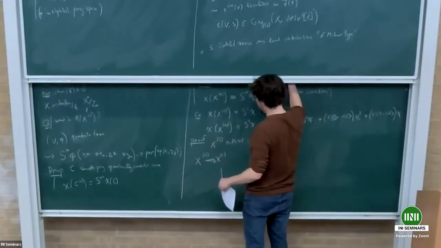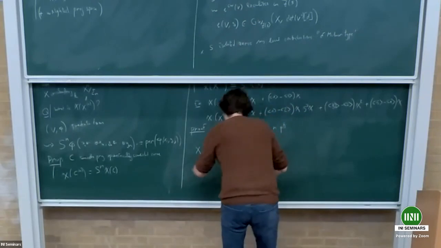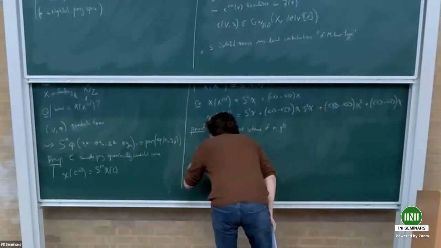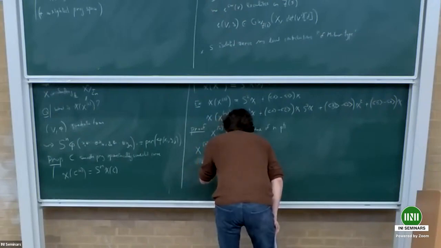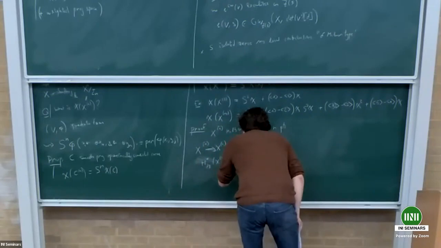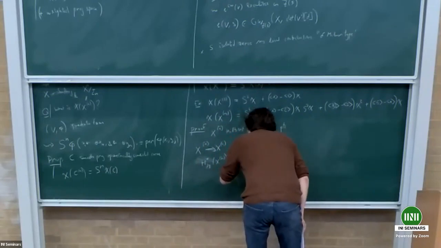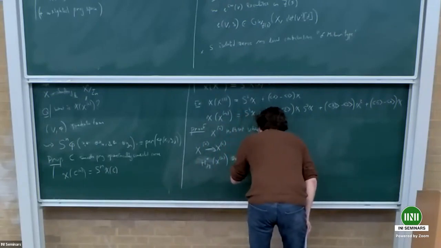And so for X^[n], let's just talk about the de Rham cohomology of the Hilbert scheme. It has an explicit basis in terms of Nakajima operators.